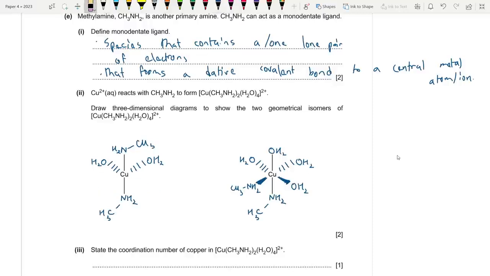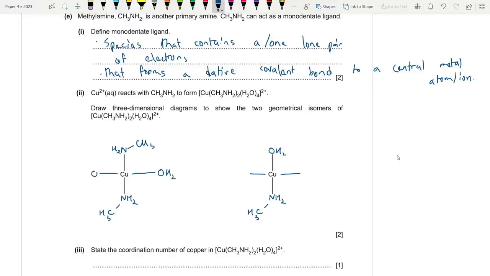The other ways, they've recently started this. I've seen a variation in Feb March 2022 as well. I'll show you guys that in a bit. So the other variation is this, where you draw these four ones in one single plane. You draw four atoms in one single plane like this, OH2, OH2, and you draw one coming out of the plane and one going into the plane like this. See, the one coming out of the plane and one going into the plane.